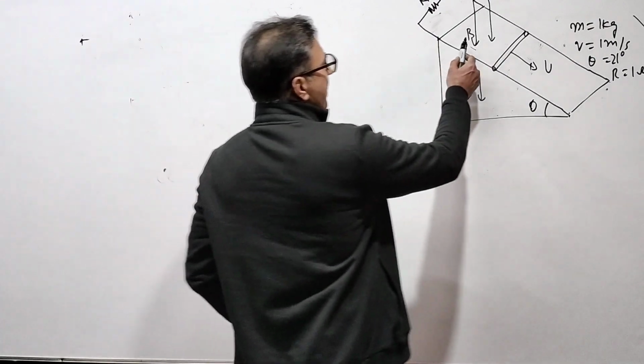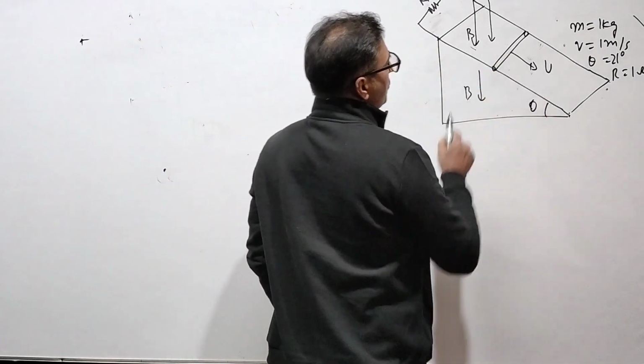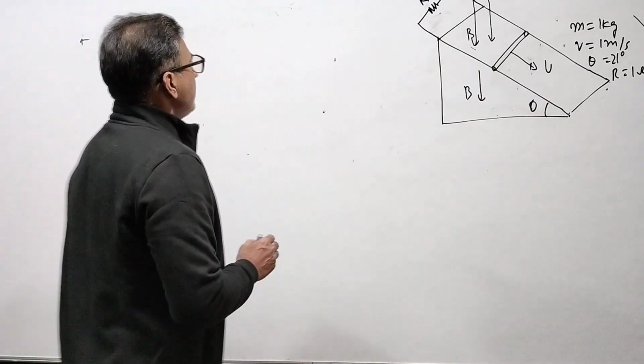तो हमें देखना है कि कितना magnetic field होना चाहिए so that the rod moves downwards with a constant velocity.